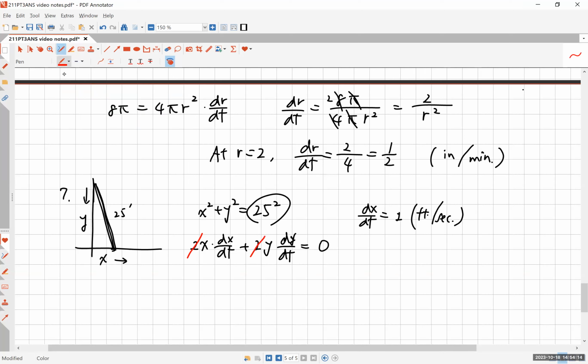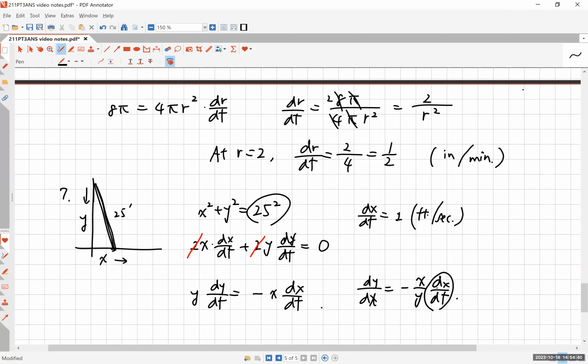And so this is what you get, right? Okay, so we're looking for dy/dt. Let's just say y dy/dt is equal to negative x dx/dt. So dy/dt is equal to negative x over y times dx/dt.